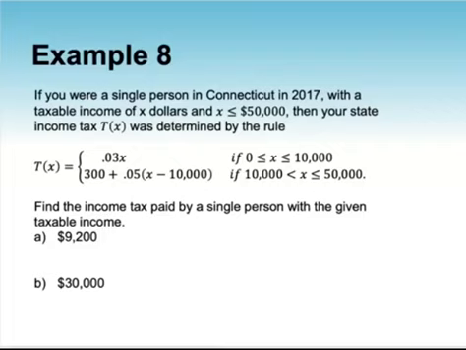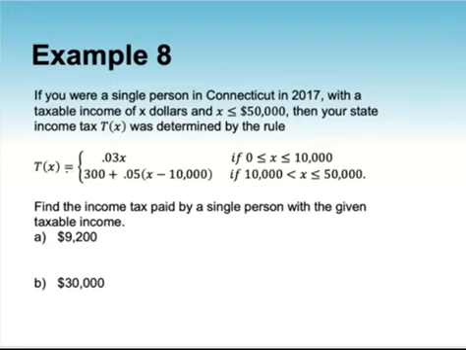Now let's look at example 8. This is a nice application problem of function notation. If you are a single person in Connecticut in 2017 with a taxable income of X dollars and X is less than or equal to 50,000, then your state income tax, T of X, was determined by the rule.